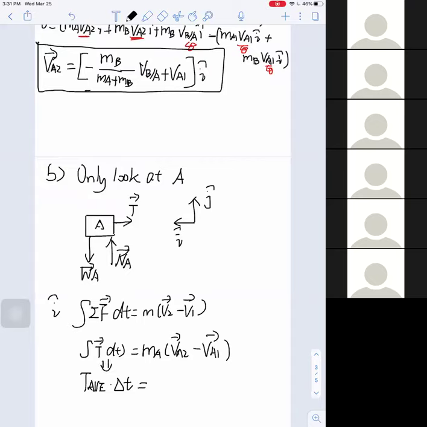That will give us mA times VA2 I plus VA1 I. This tension is a vector and it's in the negative I direction.